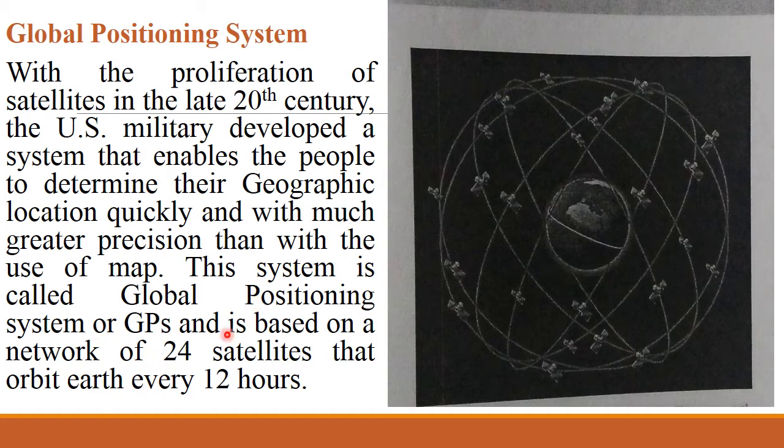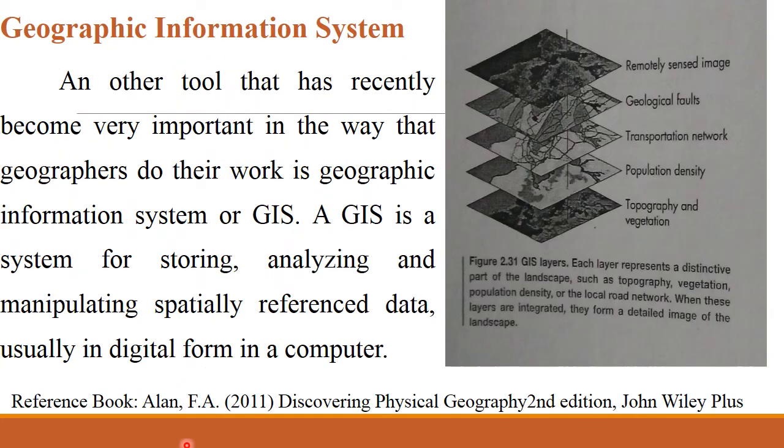It is clearly described in these lines that GPS is based on a network of 24 satellites. These 24 satellites move continuously around the earth, and they get different information about the different latitudes and longitudes of the earth. This technique is called the Global Positioning System.